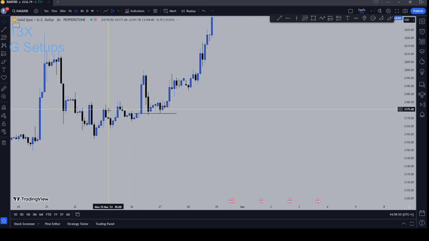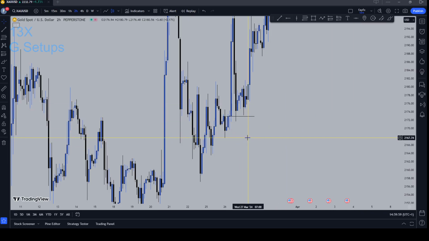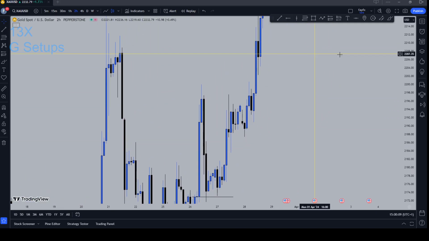And when we go one time frame lower, we find a gap CC at the same level. Gap on H4, 2 hour gap CC.